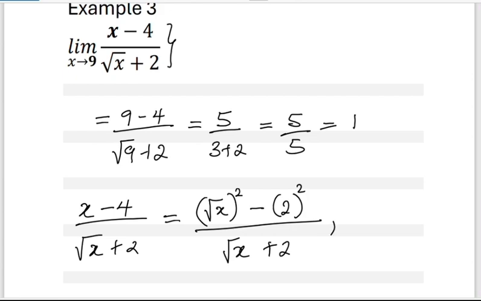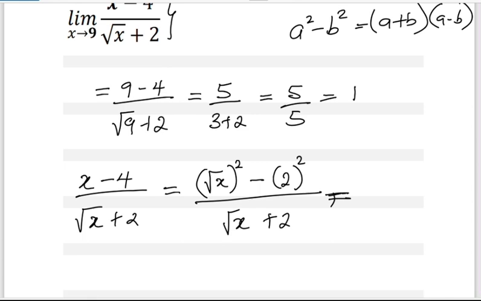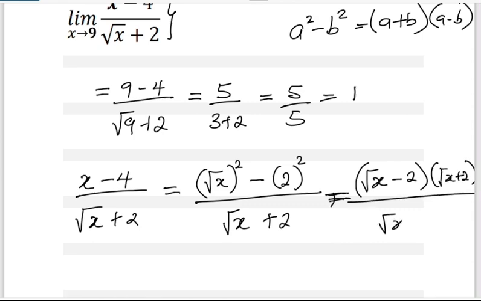And we know from example 1 that a squared minus b squared is a plus b, a minus b. So this is going to be equal to root of x minus 2 into root of x plus 2 all over root of x plus 2.